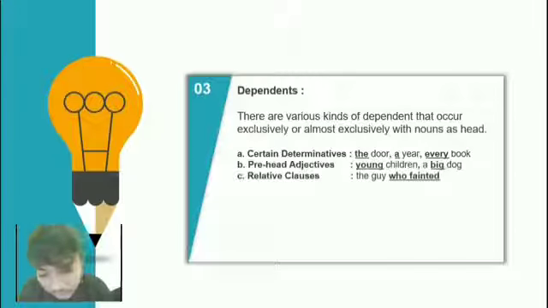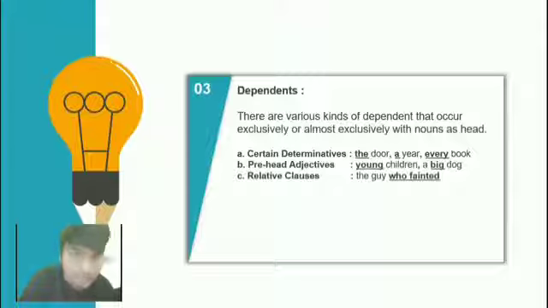Next, dependents. There are various kinds of dependents that occur exclusively or almost exclusively with a noun as a head. A, certain determinatives. You can see the examples: the door, a year, and every book. So the determinatives are the, a, and every.